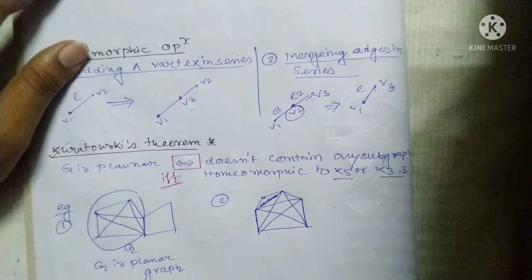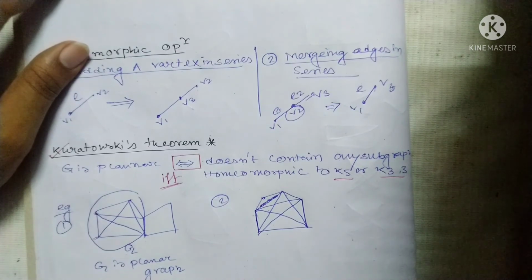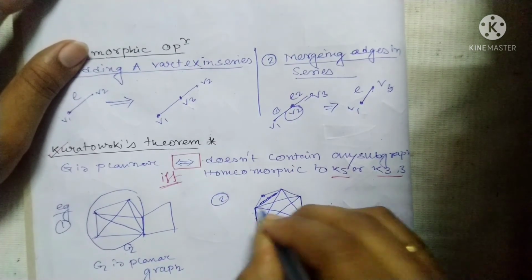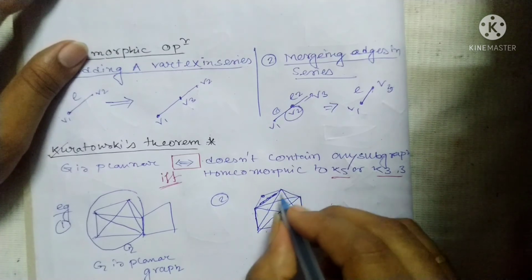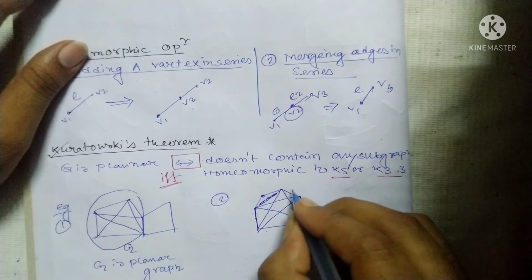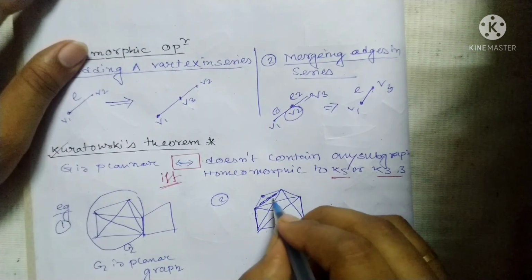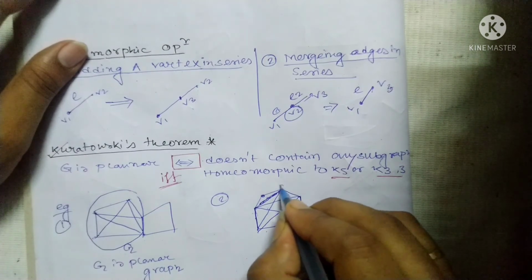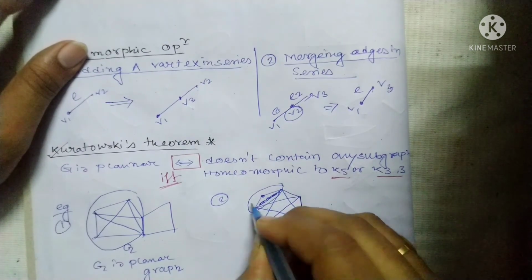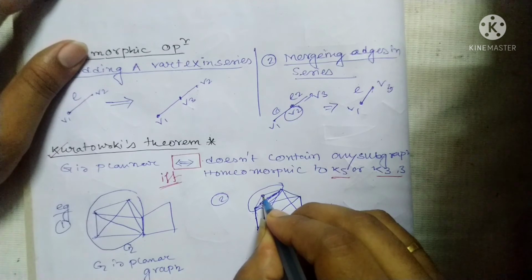Let's see whether this is planar or not. We can see directly that this is not K5. It is similar to K5, but it is not K5. But in this region, you can see there is an extra vertex.